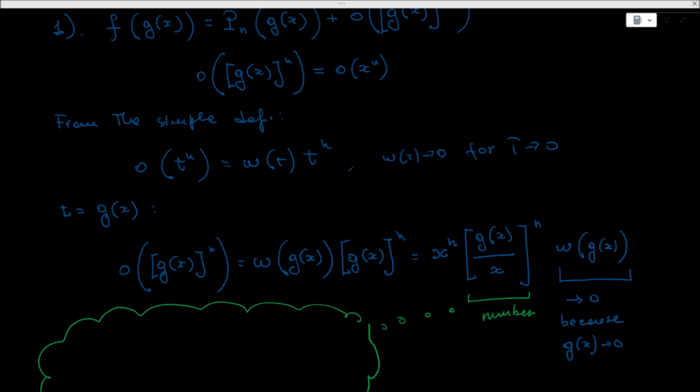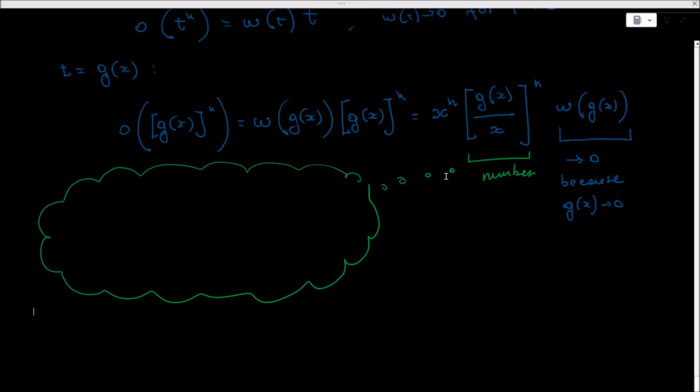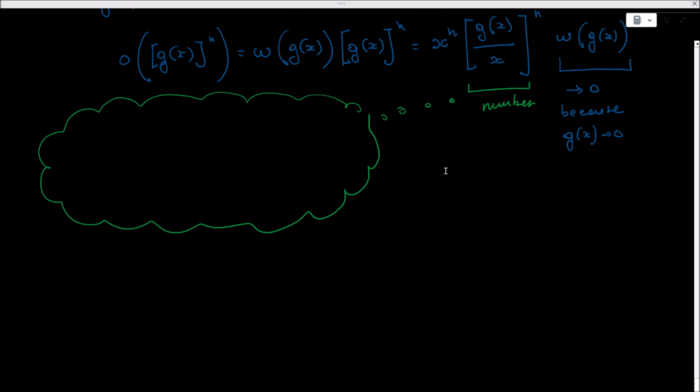I want to prove that g of x divided by x is just a number. Remember that g of x can be expanded into qn of x plus little o of x to the n, by hypothesis.